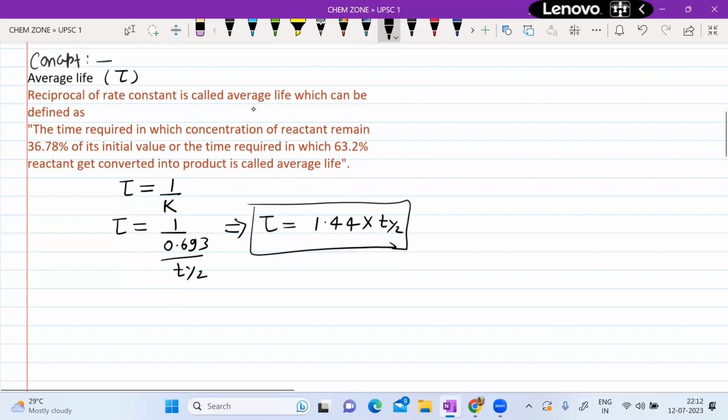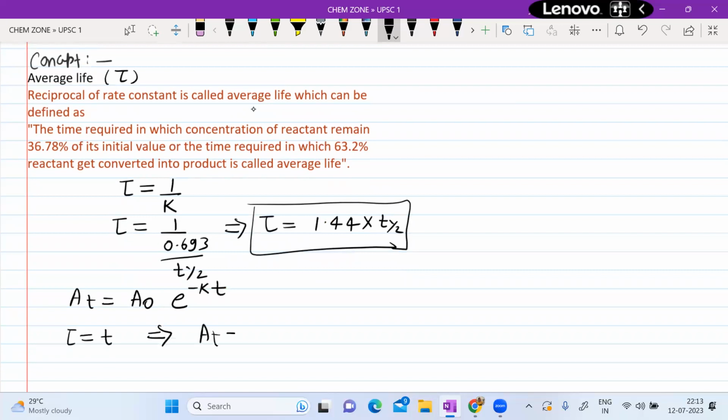Now, in actual meaning, how can we define this? We know that for a first order reaction, concentration of reactant decreases exponentially. So if we consider T as tau, then A_t is equal to A naught e to the power minus K tau.